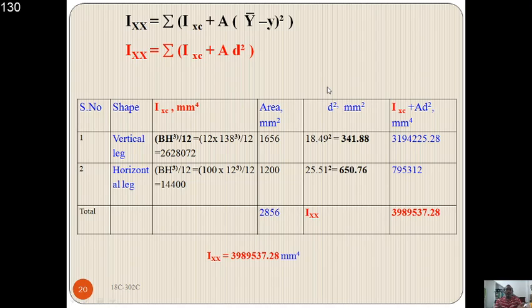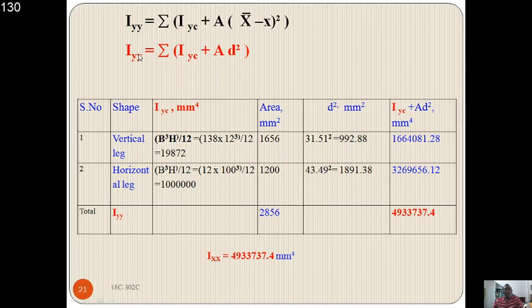Then substitute those values to obtain Ixx as per the parallel axis theorem. Using the same table, since the L section contains rectangular shapes, bh cubed by 12 is used for the I axis in both equations. Then substitute for both parts and sum to get the total Ixx value.